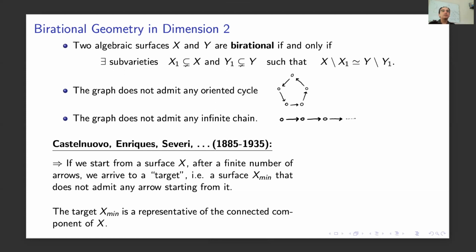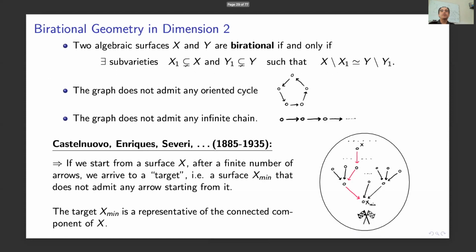an object from which there are no more arrows starting from it. So if you remember the picture before, where we have many different objects in our connected components, and we can go up as much as we want.